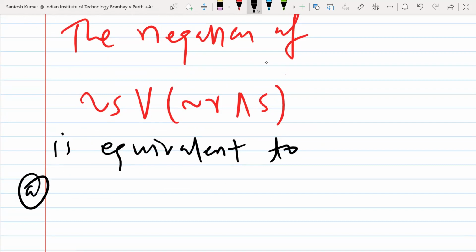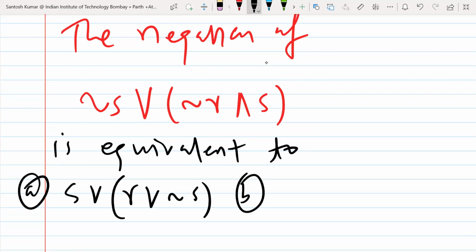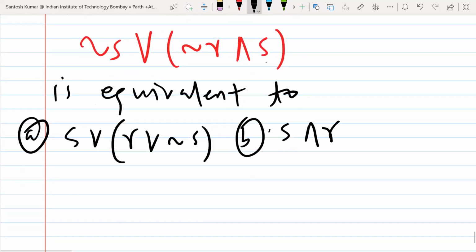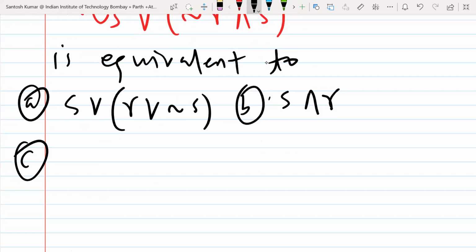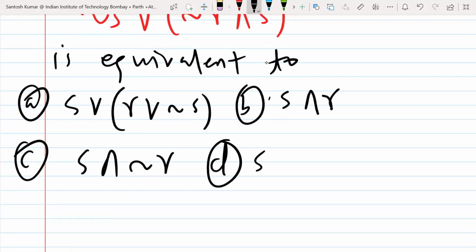Option A, S or R or not S. Option B, S and R. Option C, S and negation R. And option D, S and R and negation S.